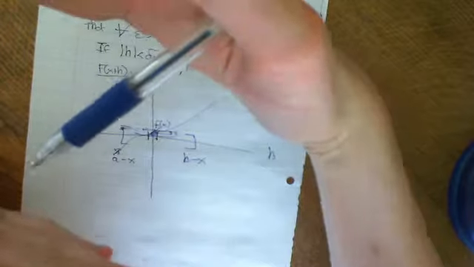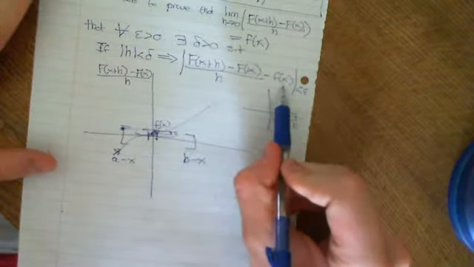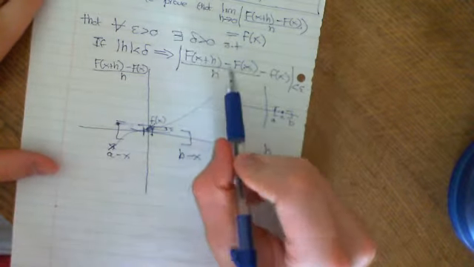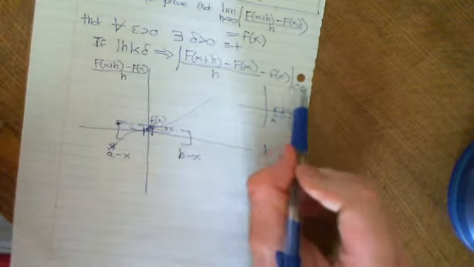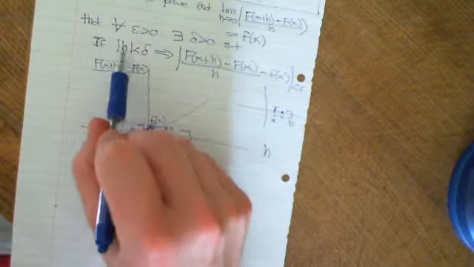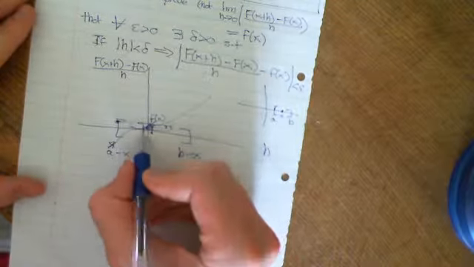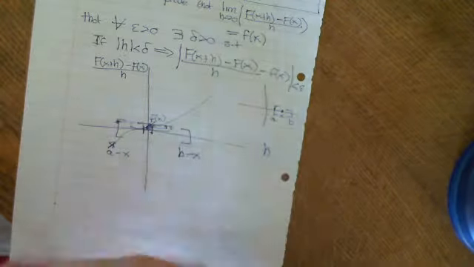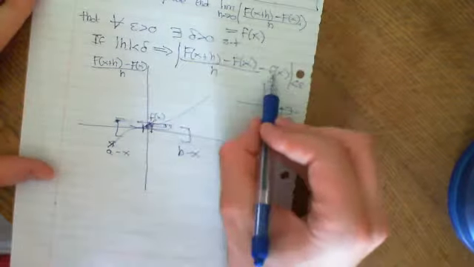So basically what it's saying is, I want this to get arbitrarily close to here, so you have to be able to find me a ball around 0, such that all the points in that ball are mapped into this ball around f of x.